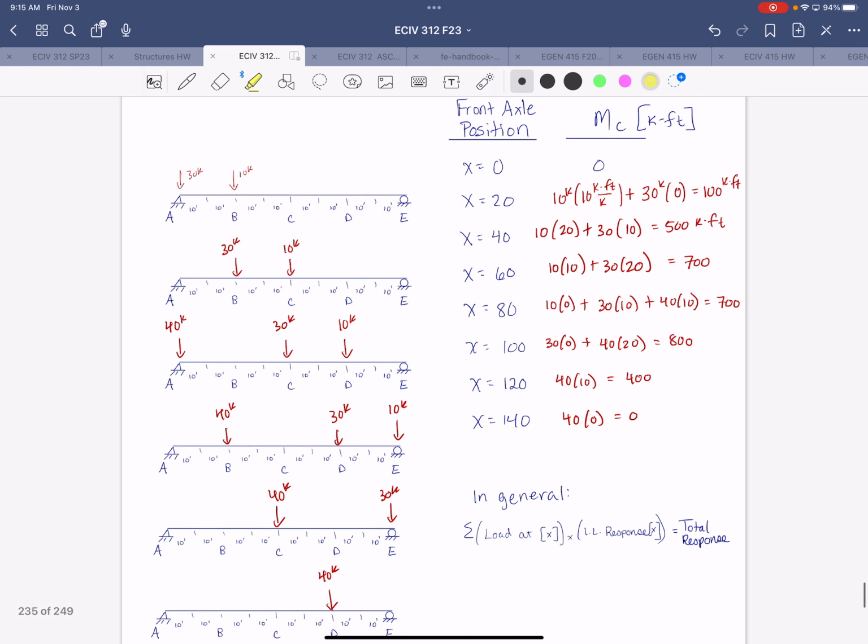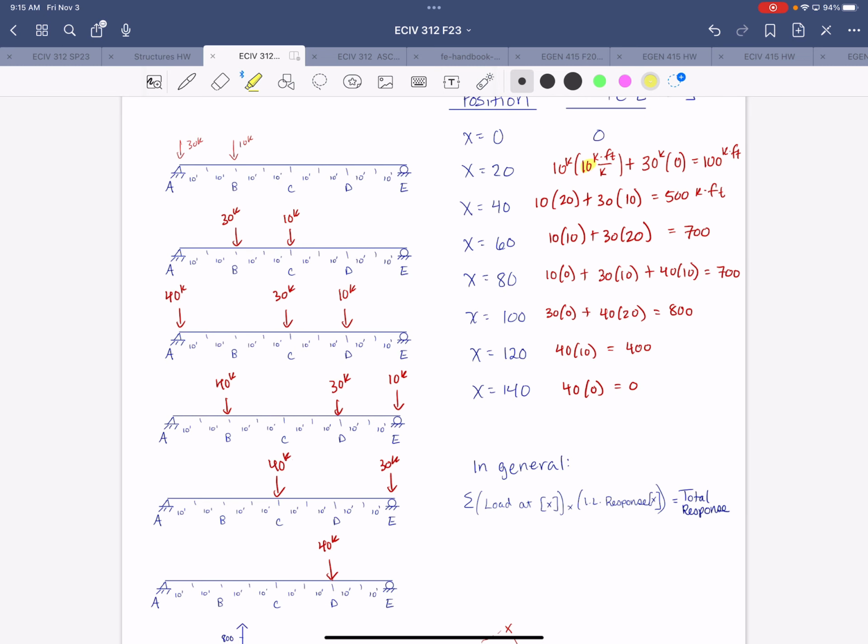So I'm going to go through here, and the values that are in the parentheses, the way I wrote this, those values are all just from the influence line. So just for record keeping, it might be useful to make a note of that.